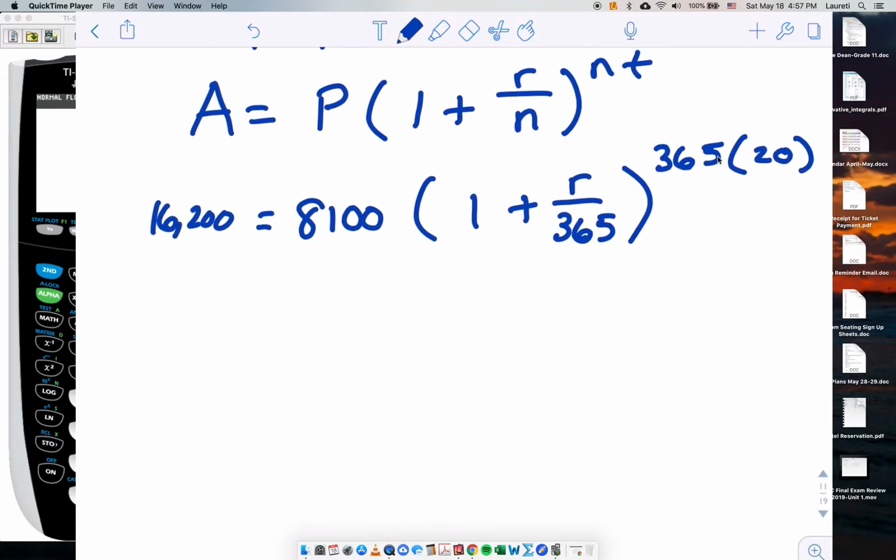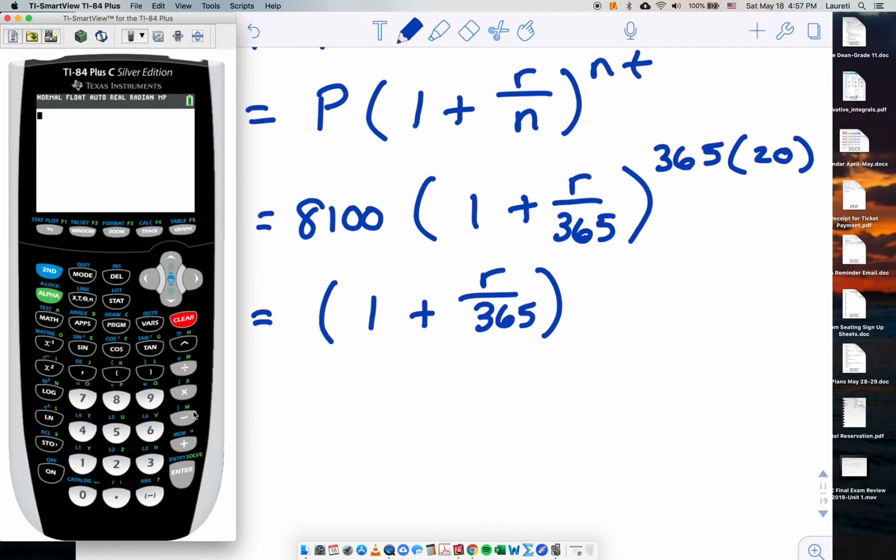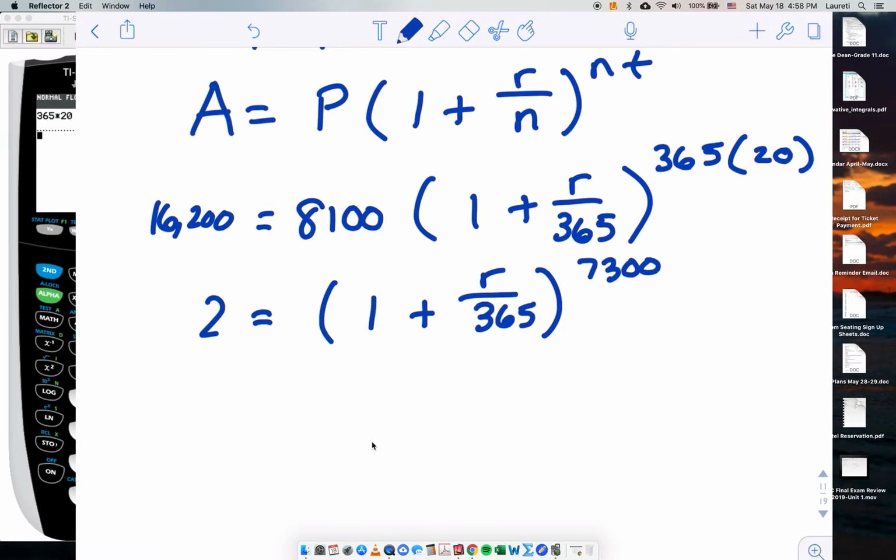Okay, so we're going to try and solve for R. If I divide by the 8,100, it's going to give me 2 equals 1 plus R over 365, to the 365 times 20, which is 7,300. I need to get rid of that exponent on both sides, so I can take the natural log on both sides.